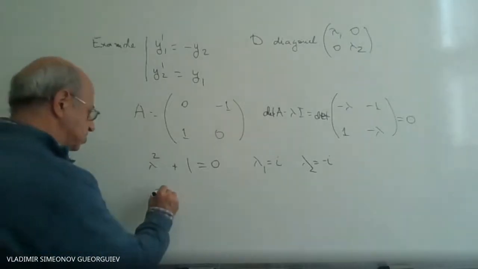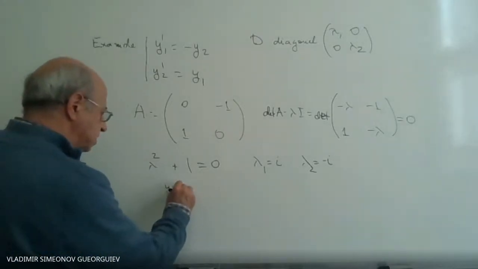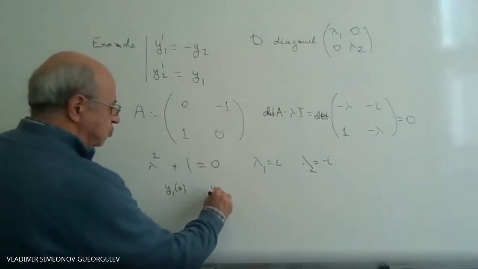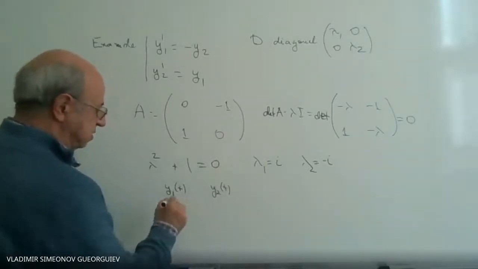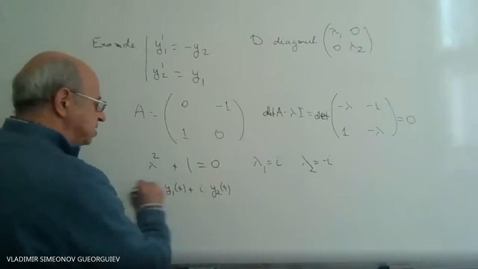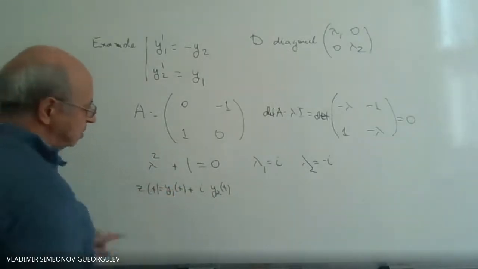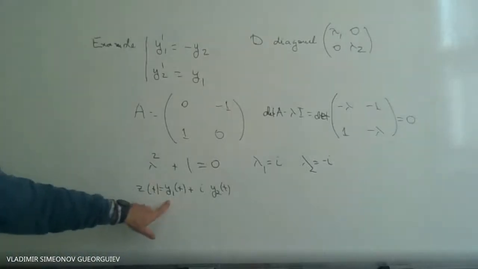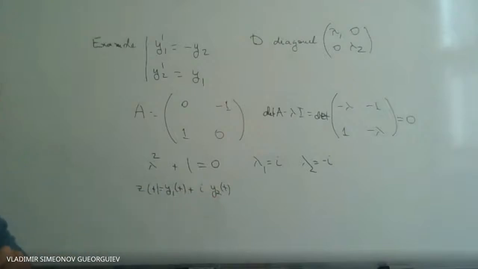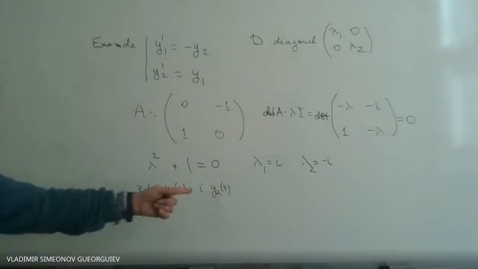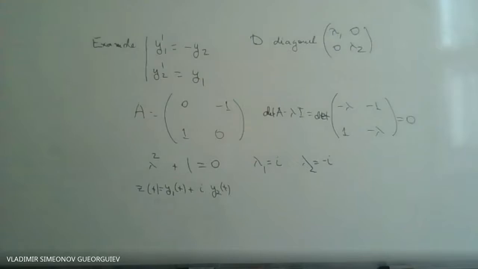Let us take epsilon1(t) and epsilon2(t), which are real numbers, and call this zeta(t). So we interpret epsilon1 as the real part and epsilon2 as the imaginary part of a complex function.